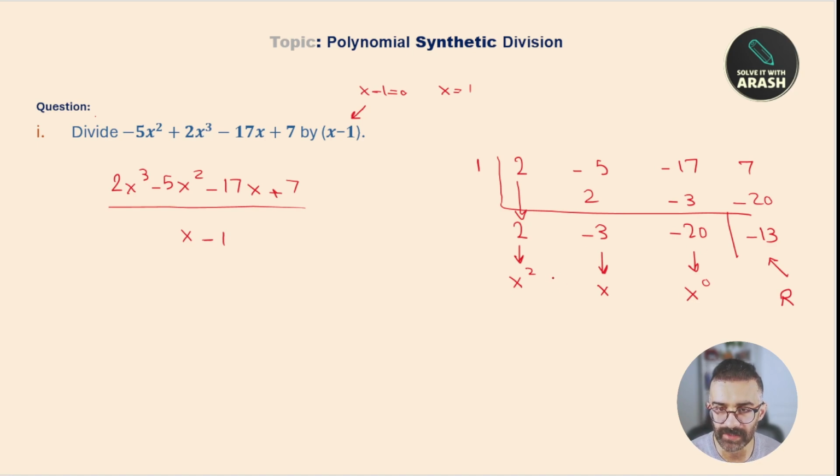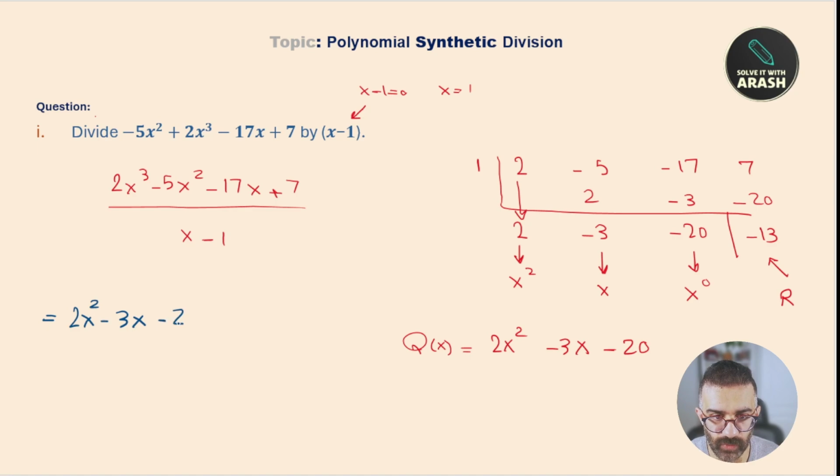So if I want to write the quotient, it's going to look like this: 2x squared minus 3x minus 20. And I show it with q of x, where q stands for quotient. The answer is going to be 2x squared minus 3x minus 20 plus the remainder divided by the divisor.